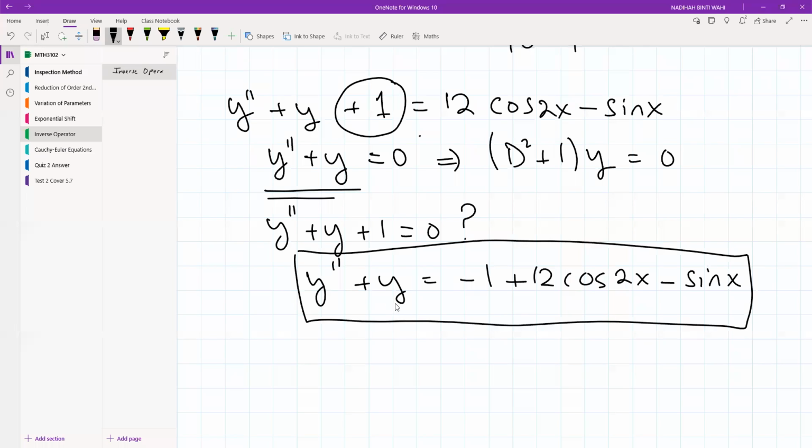So that is the equation. I don't need to explain the homogeneous equation. Let's look at the inhomogeneous equation.